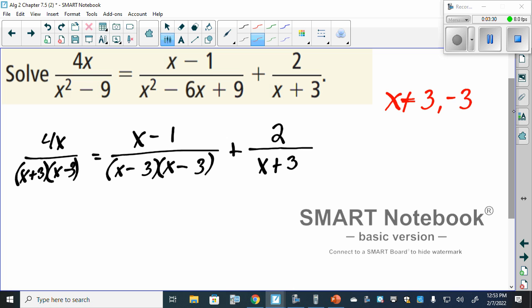The other part is that when we solve this, we want to multiply each of these terms by something so that the denominators cancel out completely. For this one, we would use x plus 3, so we're definitely going to multiply all of them by an x plus 3, and an x minus 3.